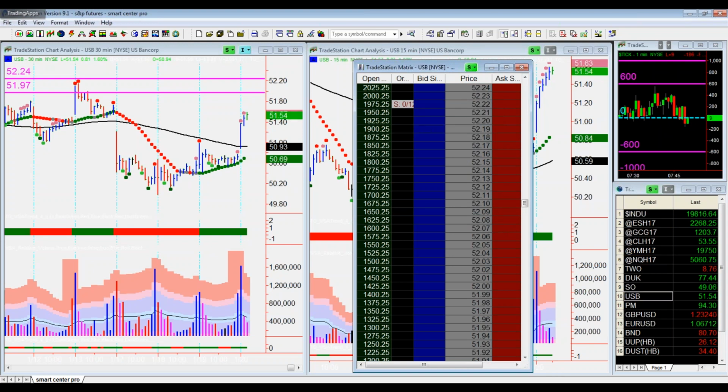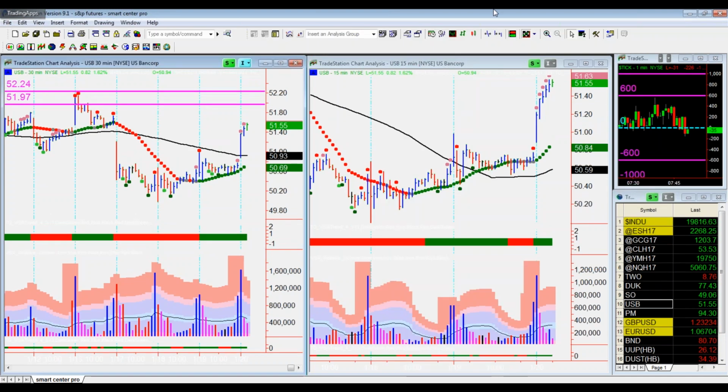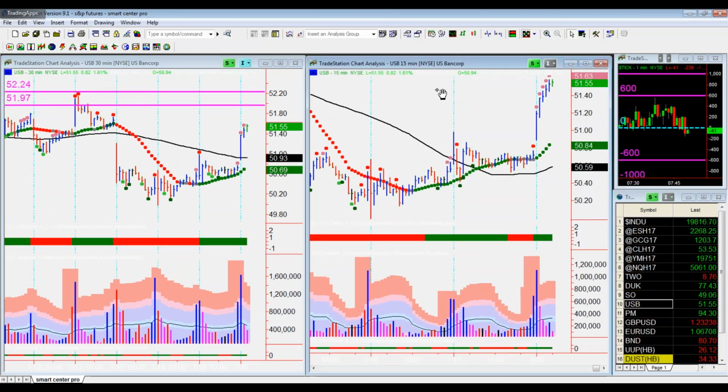I'm going to sell half my position if it gets into this 52.22 level. Then put a break-even stop and start trailing it on some smaller time frames as opposed to riding it out on the daily.